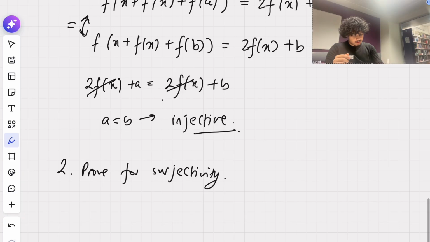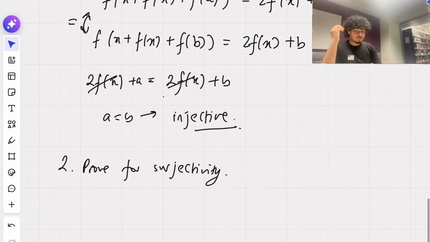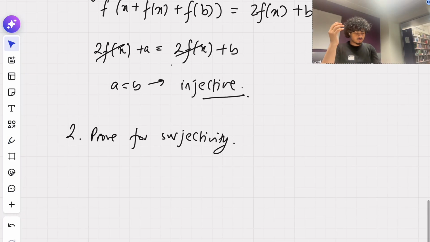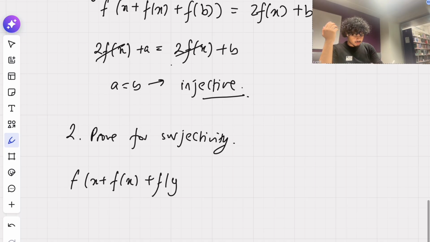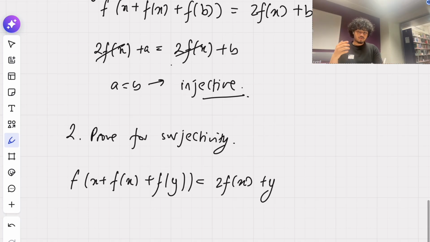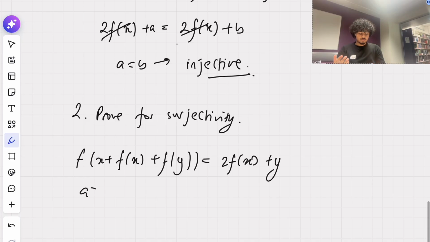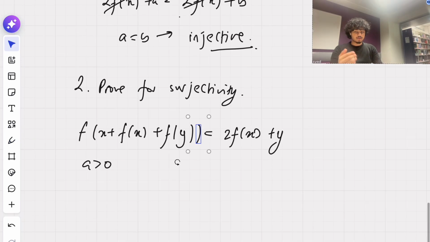Now, let's look back at the original equation: f(x + f(x + f(y))) is equal to 2f(x + y). For a greater than 0, I'm going to substitute a for x.